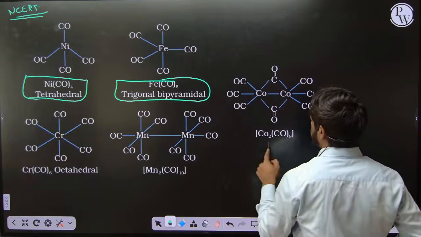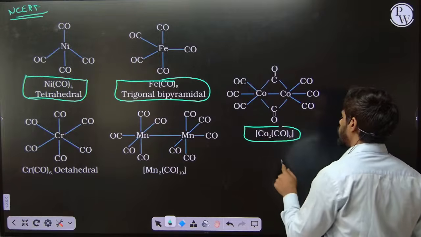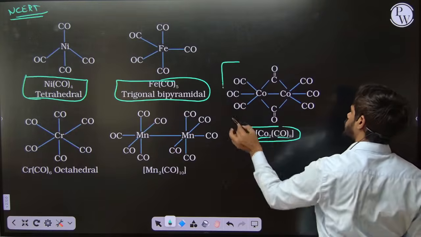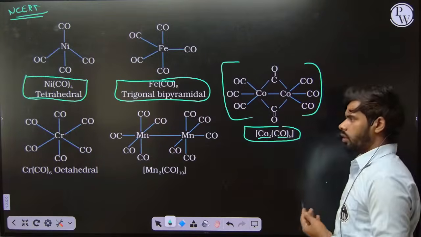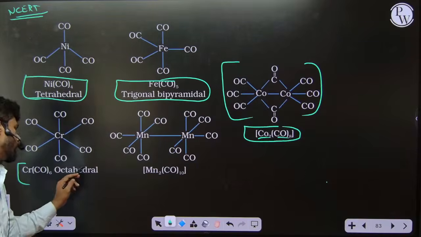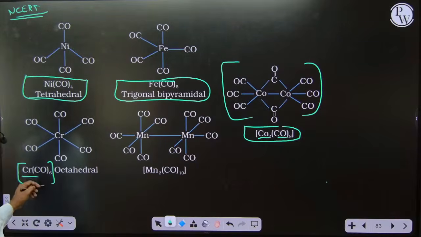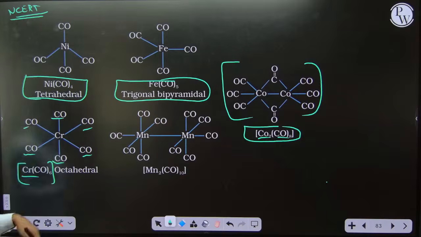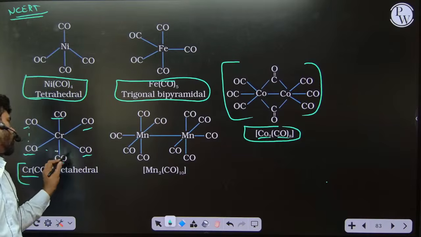If Co2(CO)8 is given, its geometry is not defined and it is not in our syllabus. Next is Cr(CO)6, having 6 carbonyls, so we can say it forms an octahedral complex.